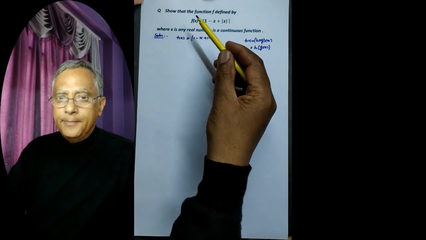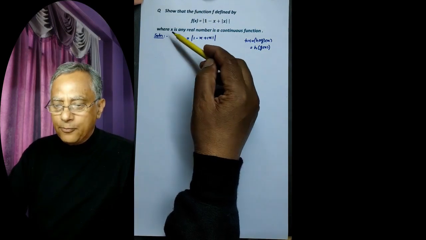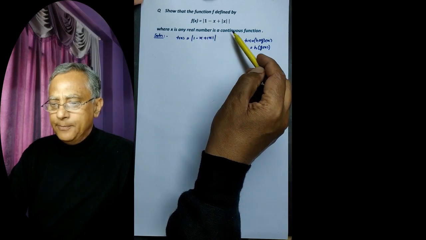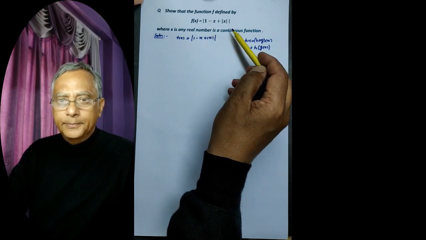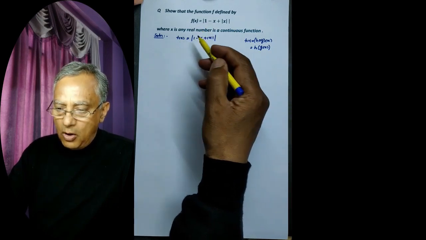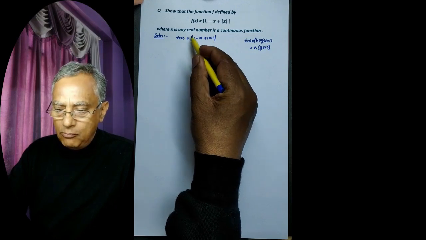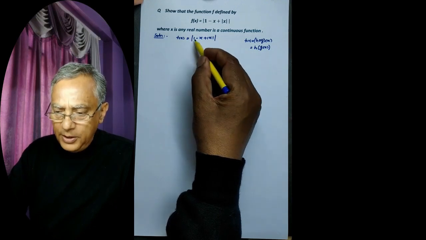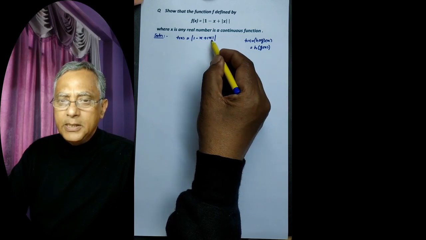In this question, we are given the function this, and we have to show that it is continuous for any real number. This function is fx is equal to mod of 1 minus x plus mod x. We read it as mod of 1 minus x plus mod x.